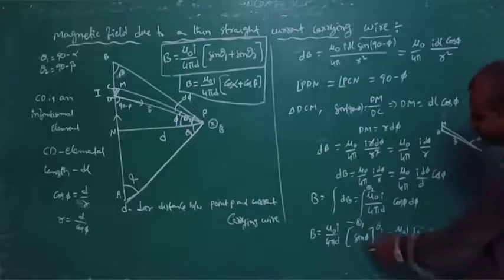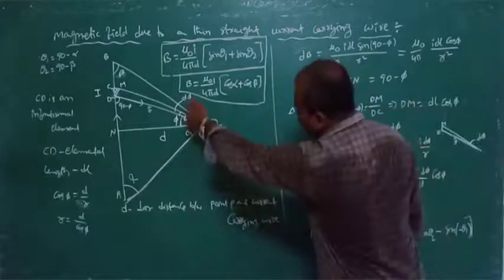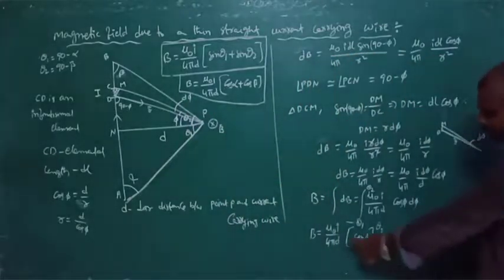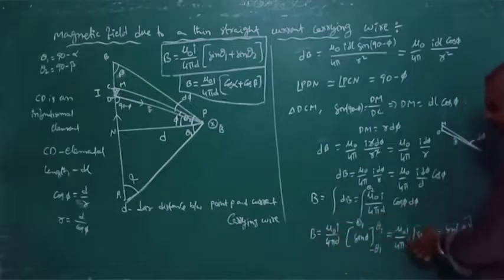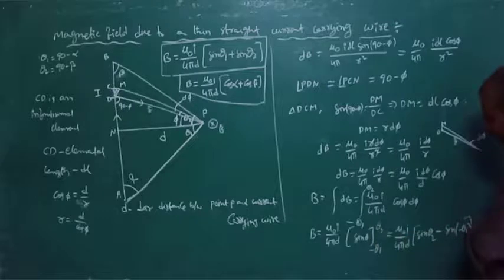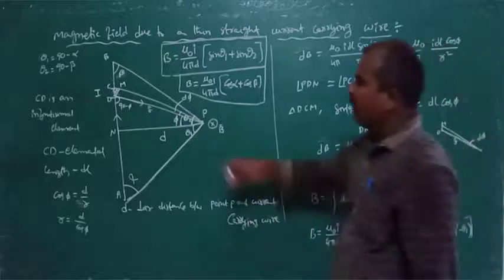The integral of cos phi is sin phi, with limits from minus theta 1 to plus theta 2. Then we apply the limits. B is equal to mu naught I by 4 pi d into sin theta 2 minus sin of minus theta 1. Sin of minus theta is nothing but minus sin theta. Minus into minus is plus.